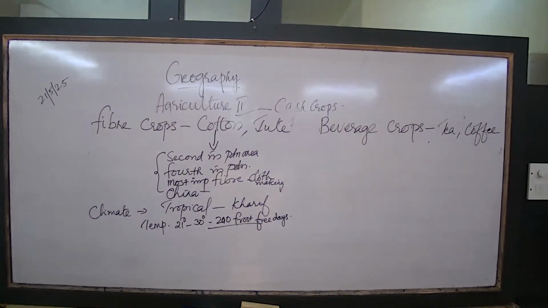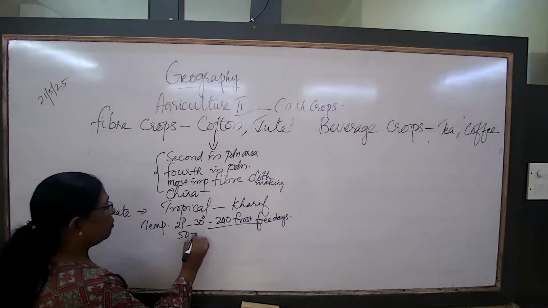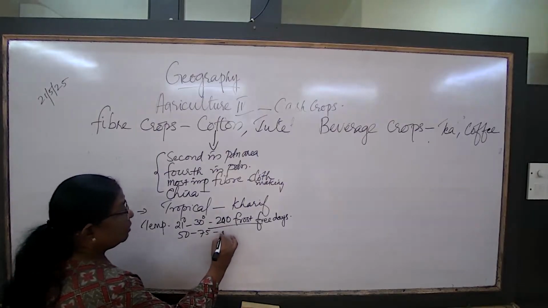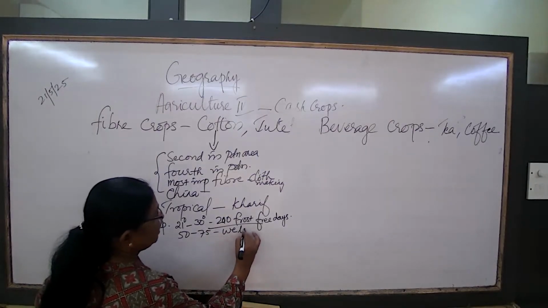Rainfall 50 centimeters to 75 centimeters, well distributed during the period of months. So it should not have more rainfall, and it should be well distributed.